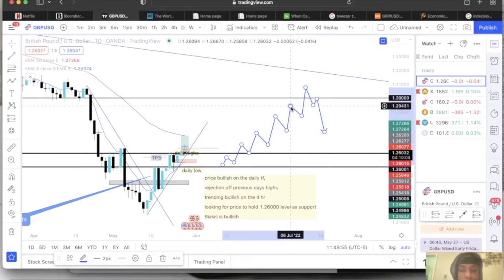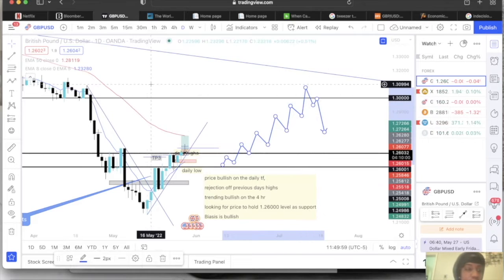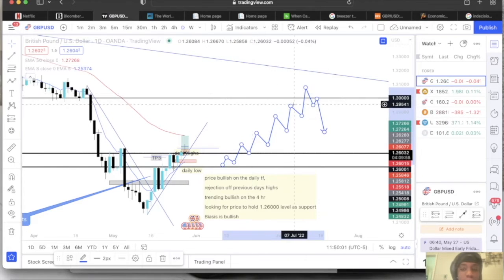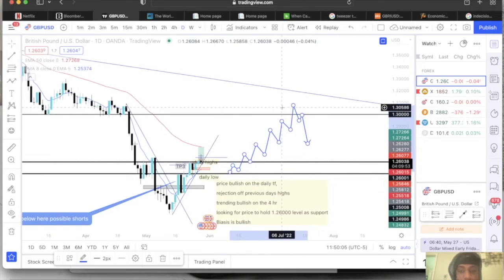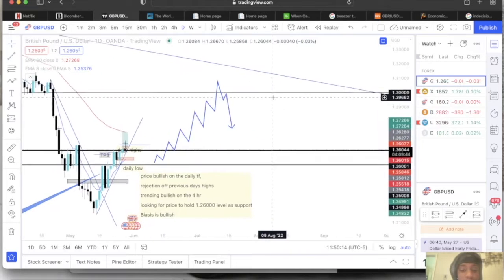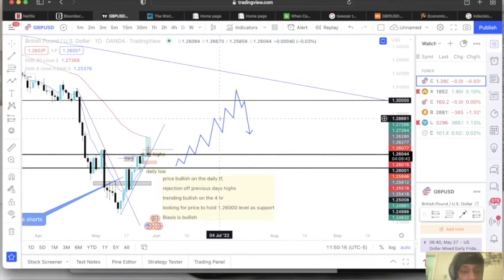That's how the markets move. It might fake you out and reach right here. So that's why you're supposed to have a goal of where you plan to take your profits, and not let your profits ride on, because the markets can reverse and will reverse if they have to. And you never go broke taking profits when it comes to trading.